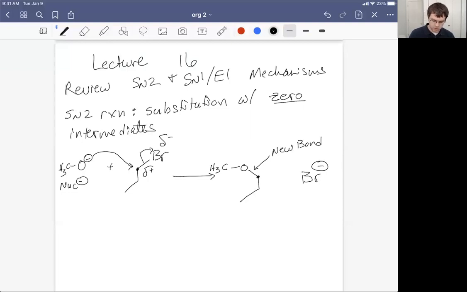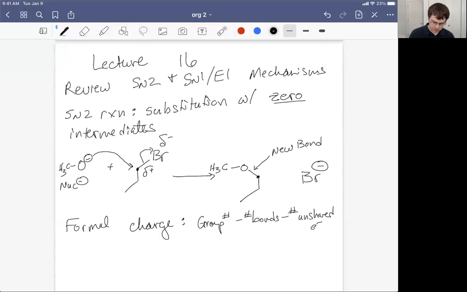Now, if we do some quick formal charge calculations, so formal charge, if you recall, is group number minus number of bonds minus number of unshared electrons. Okay.